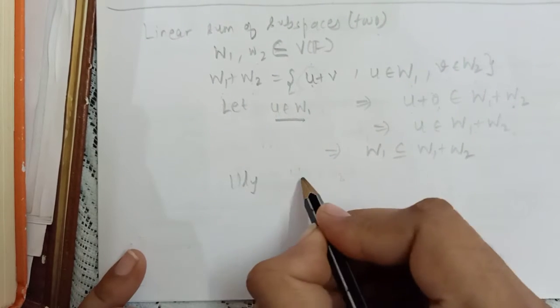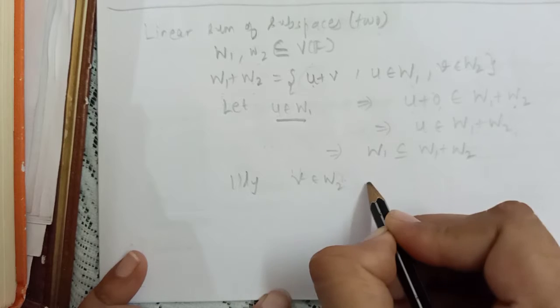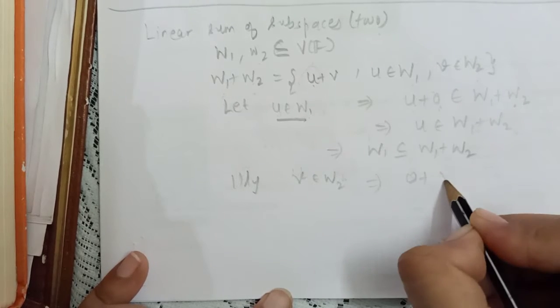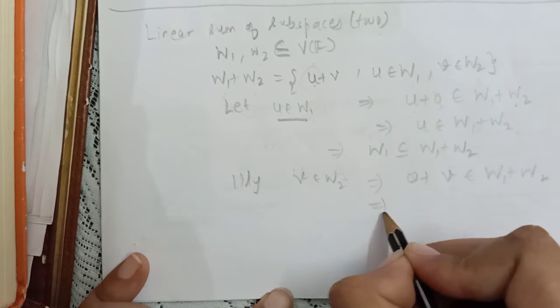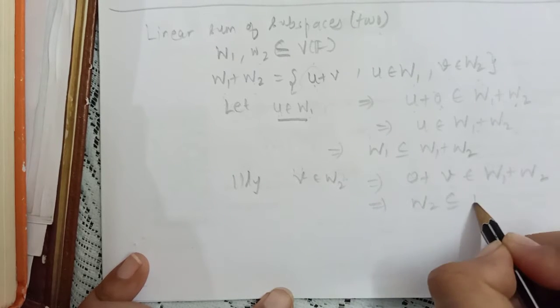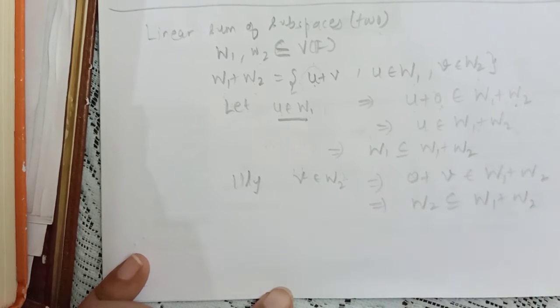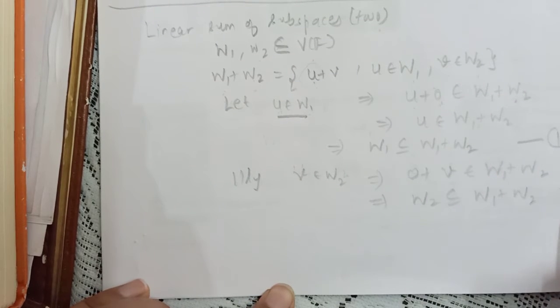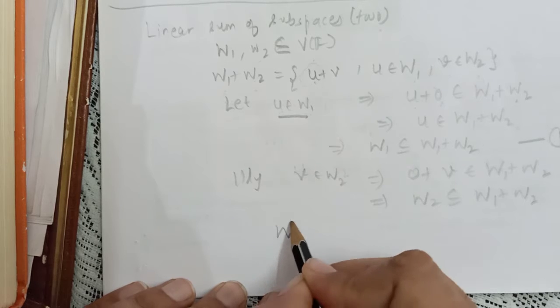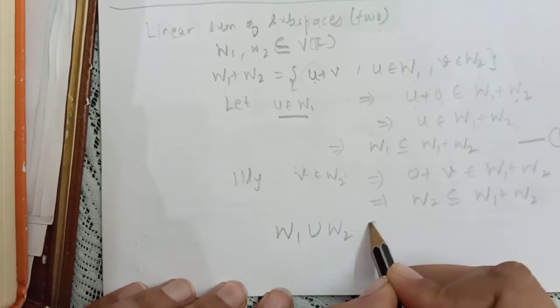Similarly, if we fix v belonging to W2 and write 0 plus v, that would belong to W1 plus W2. So it means W2 is also contained in W1 plus W2. And combining 1 and 2, can I write W1 union W2?